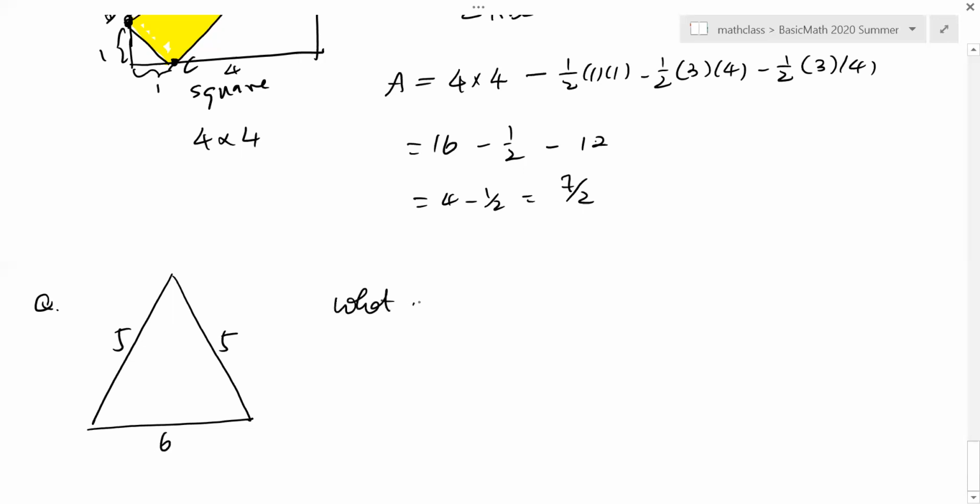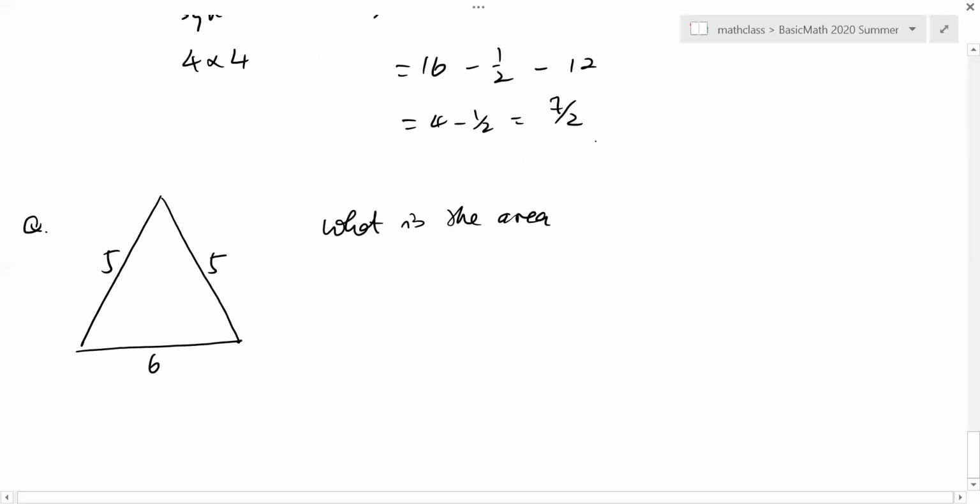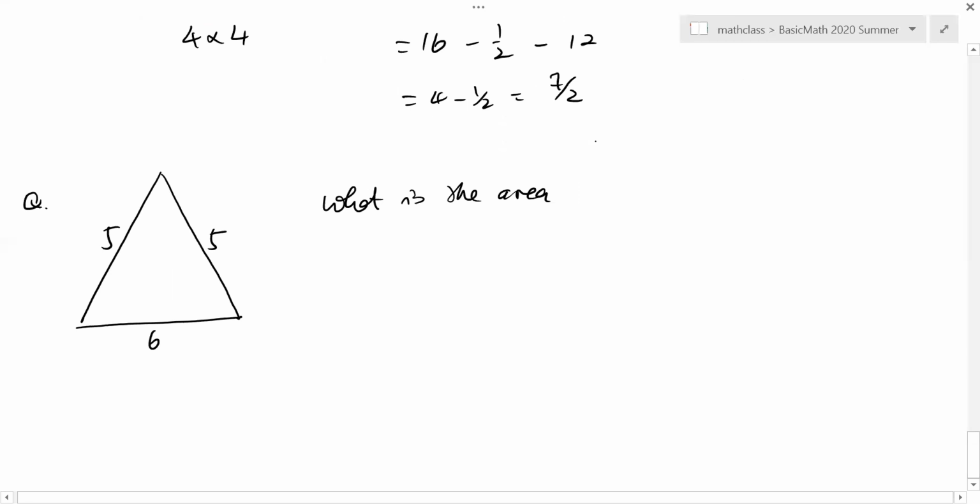What is the area of this triangle? This is an isosceles triangle. Okay, you're not given the height, but if you want to apply the formula, you have to draw the line.